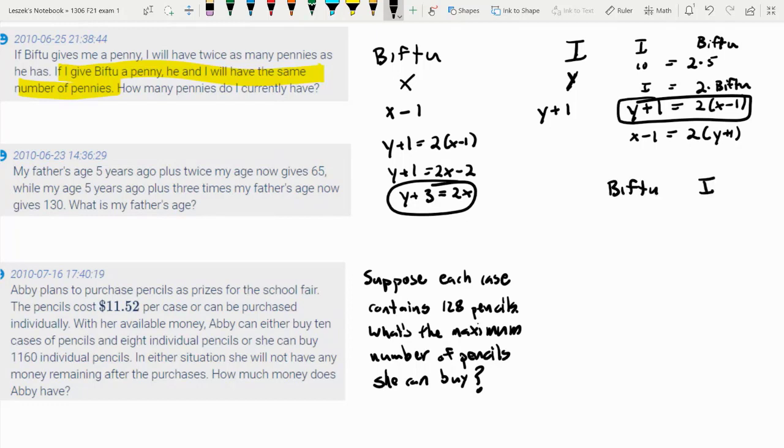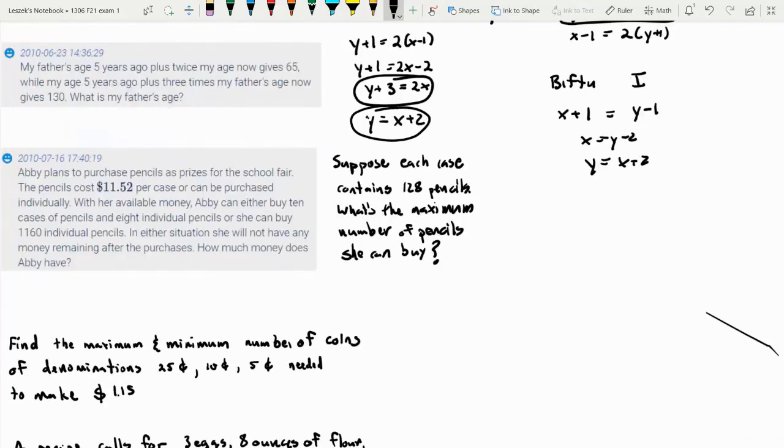So I have y pennies, and I gave one away, and then Biftu gained that penny. Now they're saying this is easier, because the amount of pennies we have is the same. So that's another equation, y is equal to x plus 2, yeah? And then we can solve this system of 2 equations with 2 unknowns.